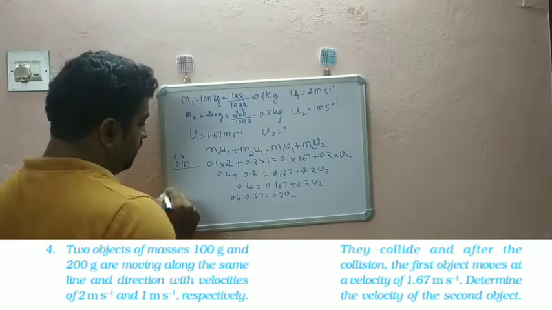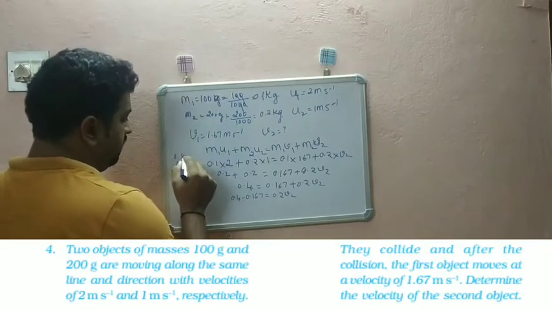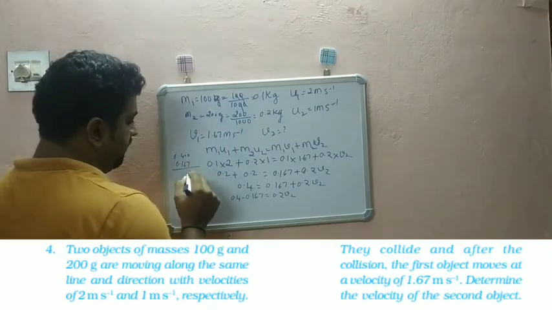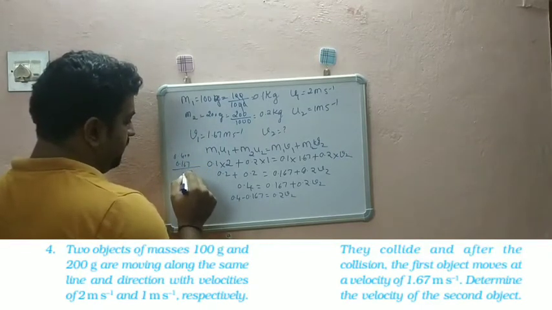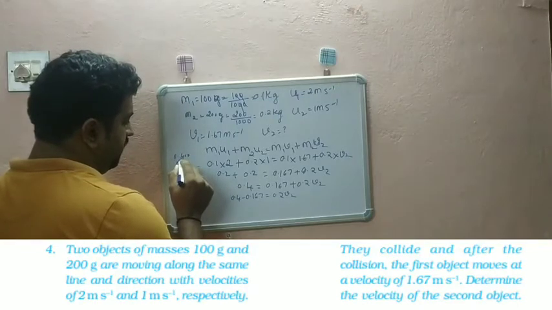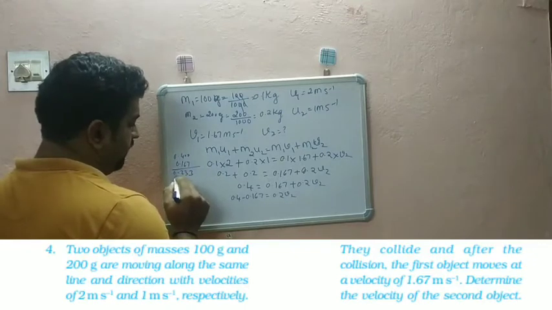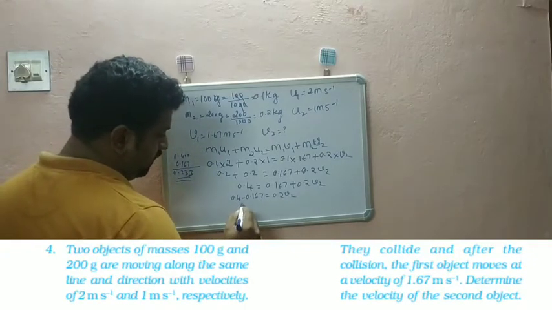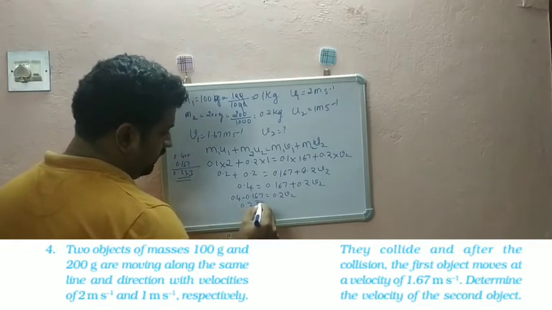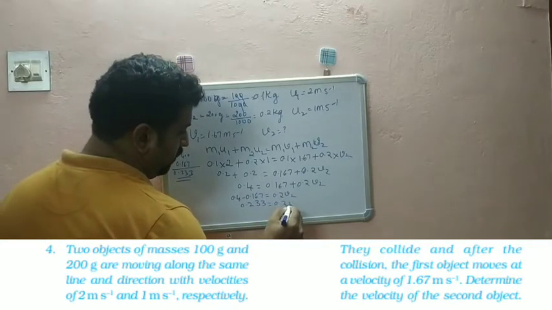How much will you get? Take 2 zeros here. 10 minus 7 is 3. 9 minus 6 is 3. 3 minus 1 is 2. So 0.233 is equal to 0.2 V2.